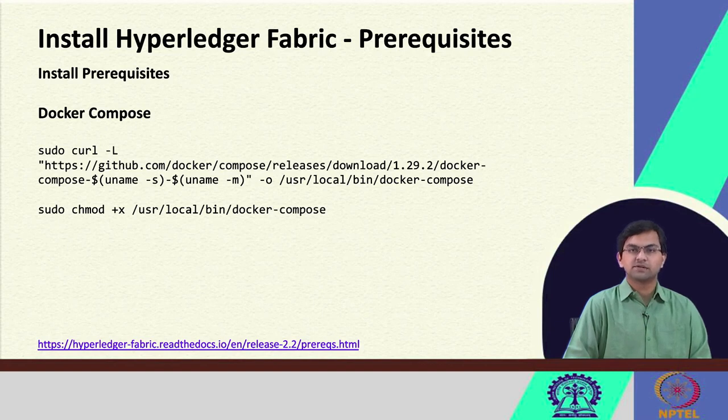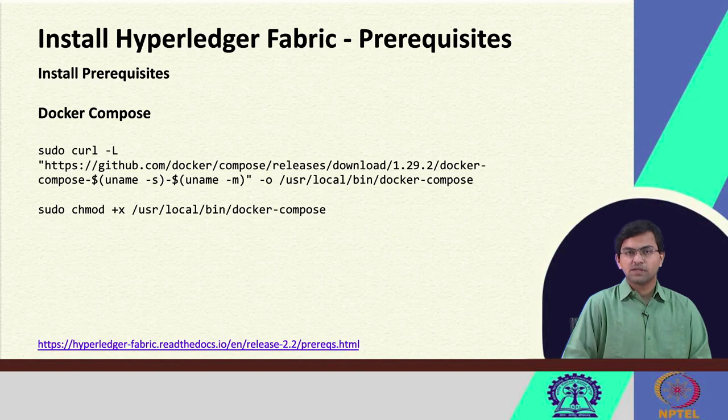Using specific docker compose files, Fabric will bring up a test network or whatever network you want, and create the required containers for that network. To install docker compose, you need to execute these particular commands. Similar to docker, if you want to install it for other platforms instead of Ubuntu, like Windows or Mac OS, you can go to the following documentation link and find out how to install that.